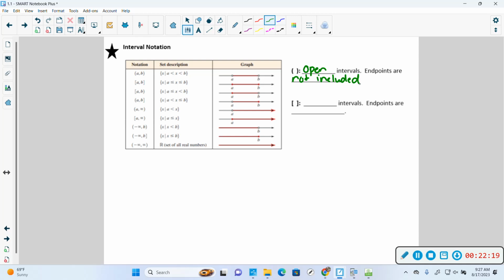So if you had an open circle on 3, that means you can get super close to 3, 2.99999999999, but you're not actually going to use 3. You would use up to 3. If you have a bracket on it, that is what we call a closed interval, and the endpoints are included.